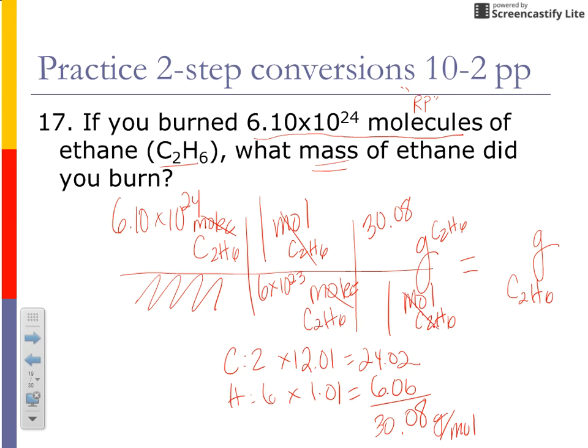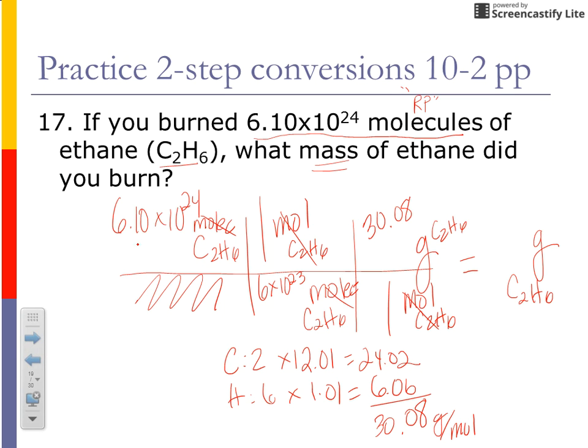This lets moles cancel. All right, now you're ready to plug it in because you see here that grams is what you wanted, and that's where you're at. So you're going to multiply the top row, 6.10 times 10, that's second comma if you have a Texas Instrument, second comma to the 24th, you're going to say times 30.08, and then divide that by 6 EE to the 23rd.